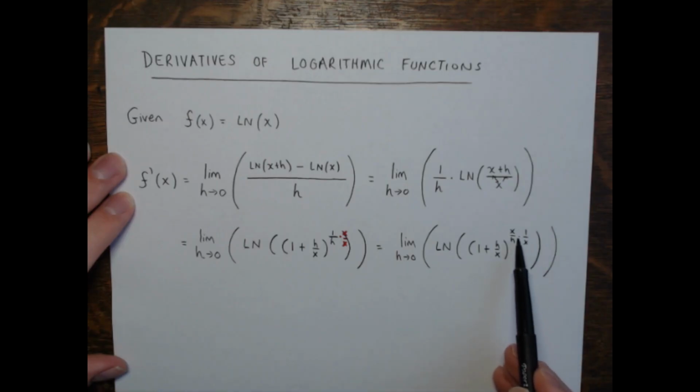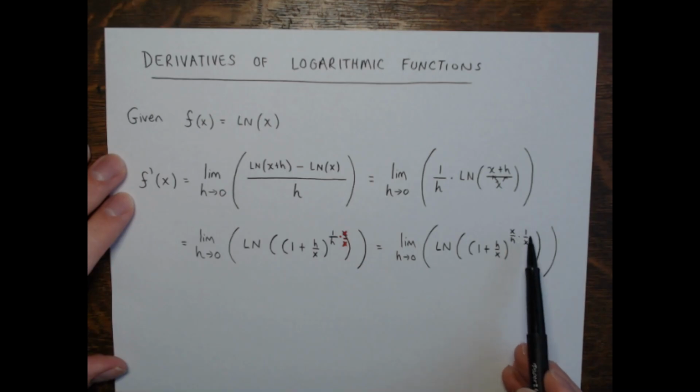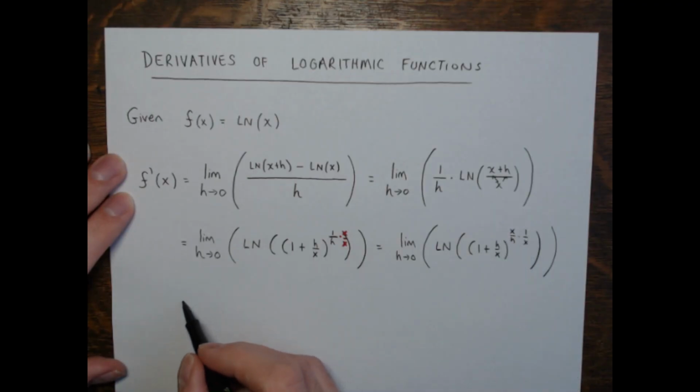But now up here, this product, this x over h times 1 over x, when you have a product in a power, you can rework it and write it as an expression where you have a power raised to another power.